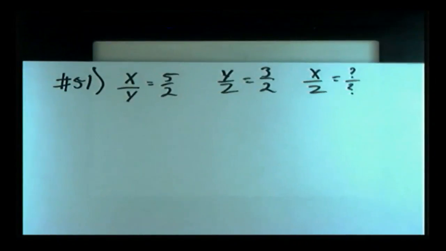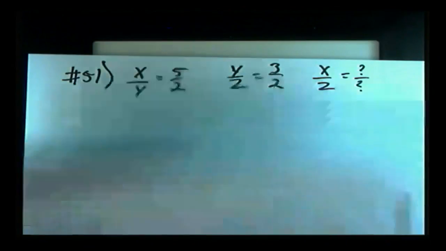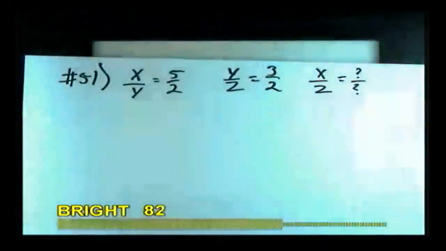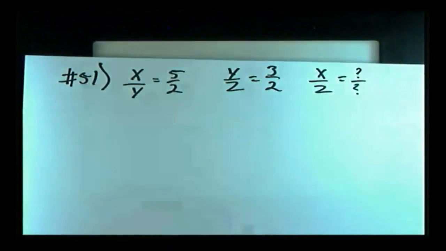That's what we're looking for. So here's the problem, and we are going to manipulate these equations until we have x over z.